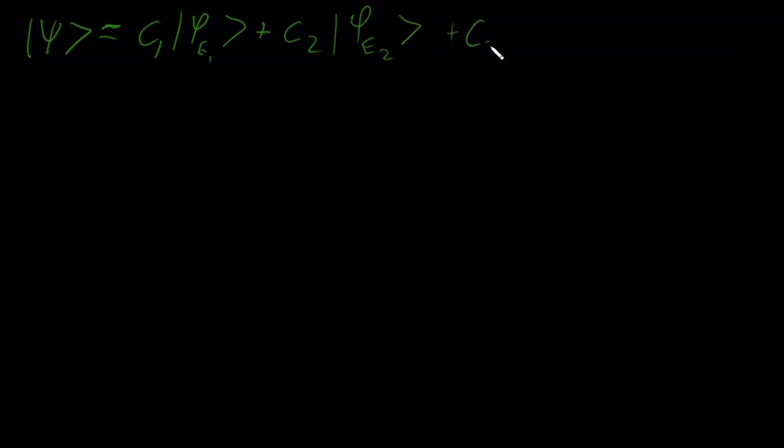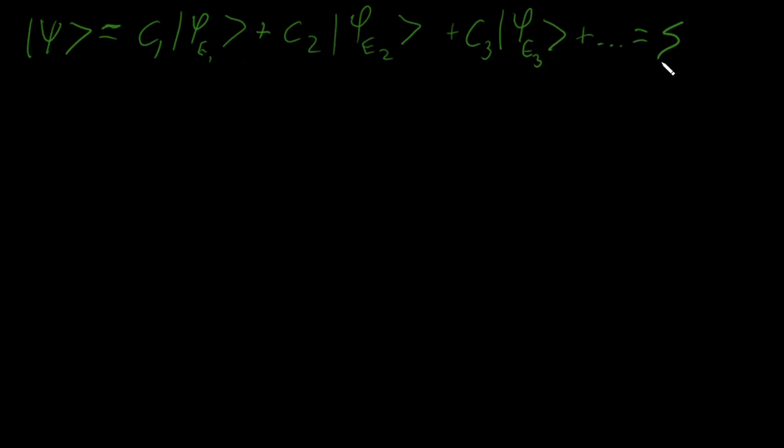So we can write a state vector psi in the energy basis. psi equals C1 times phi sub E1, plus C2 times phi sub E2, plus C3 times phi sub E3, plus dot dot dot.